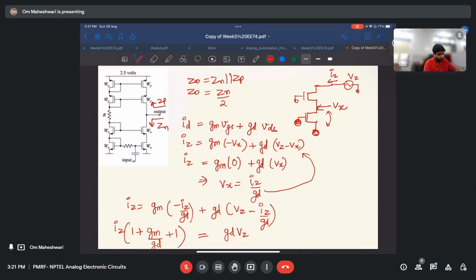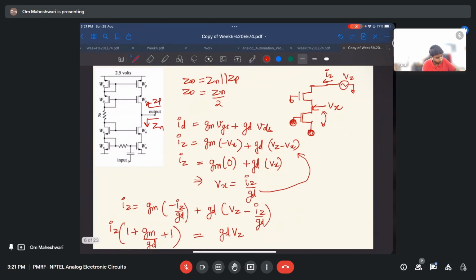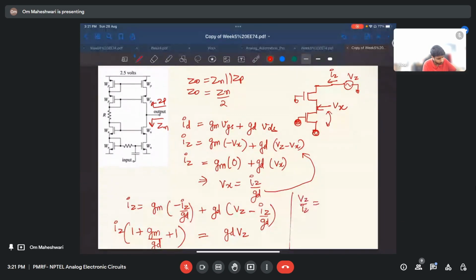So if I rearrange this, I'll get this. What I ultimately want is Vz by Iz, so I'll find that. Vz by Iz equals gm by gd plus 2 divided by gd.